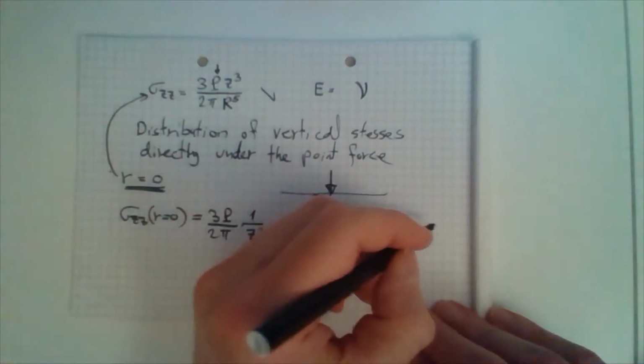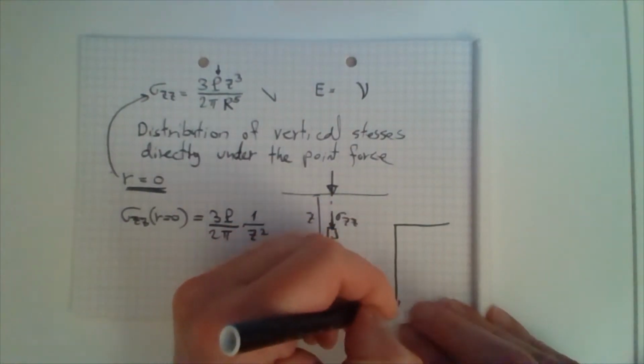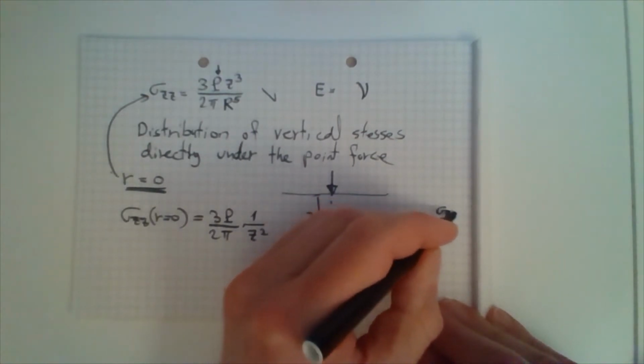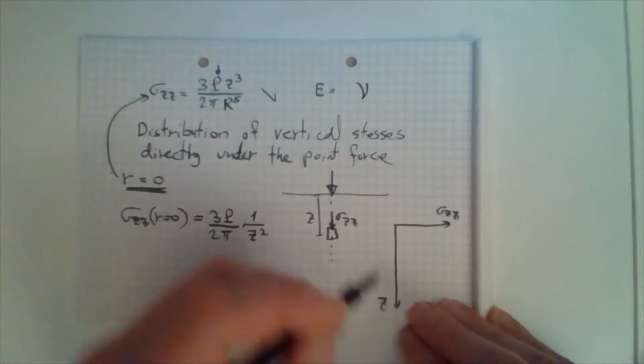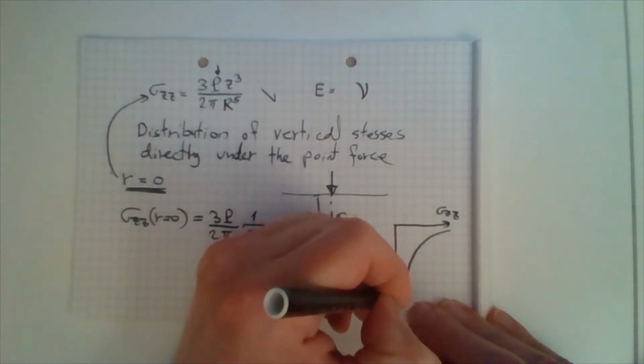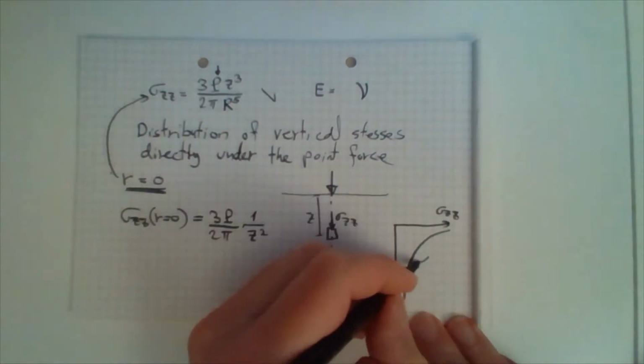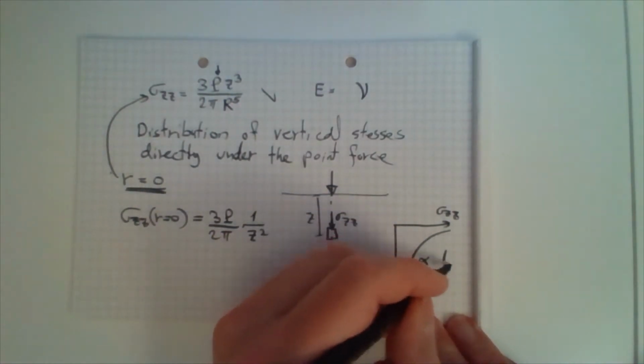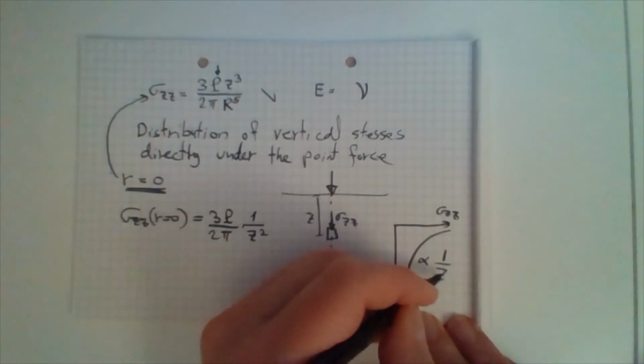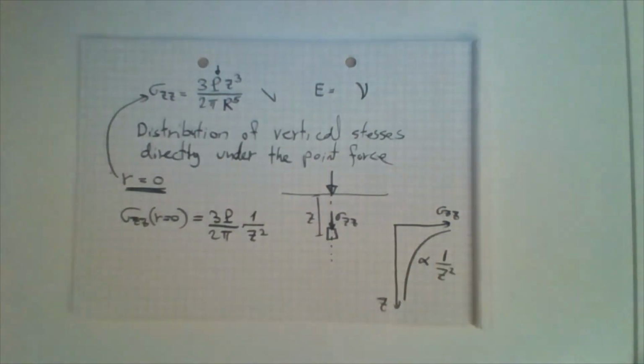So basically what we learn is, if we were to plot sigma zz as a function of z, the stress is reduced proportional to the depth squared, or 1 over depth squared.